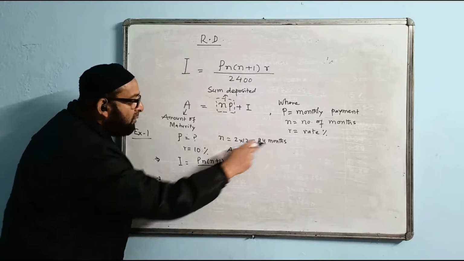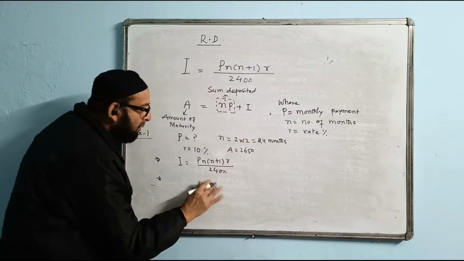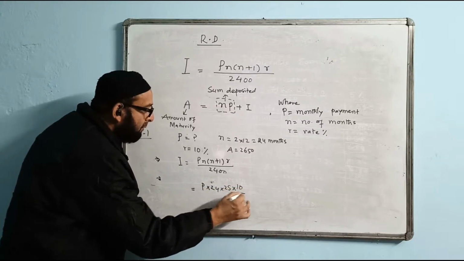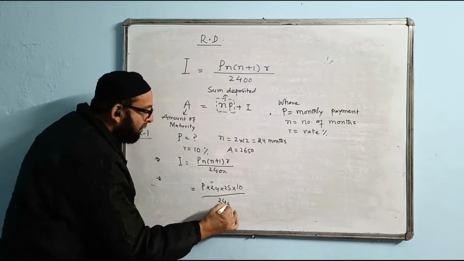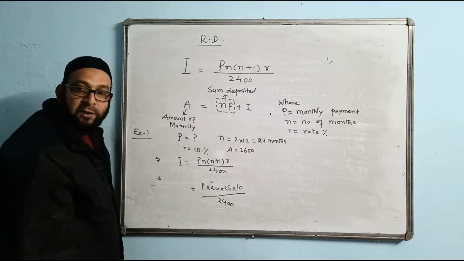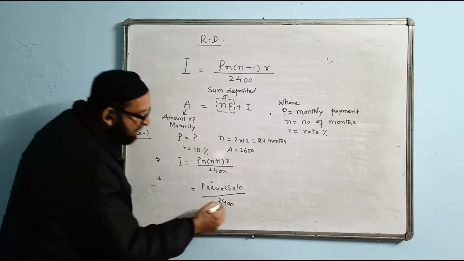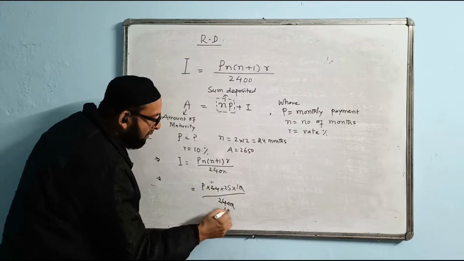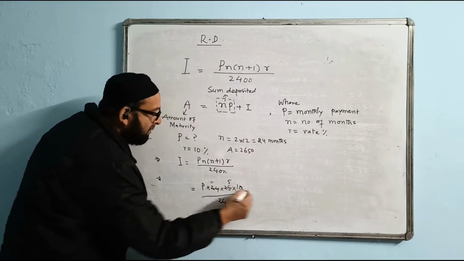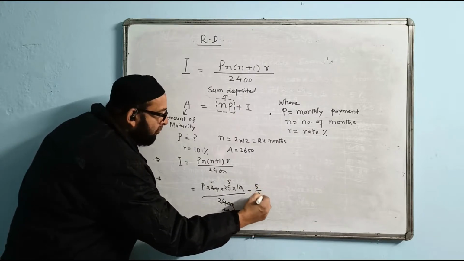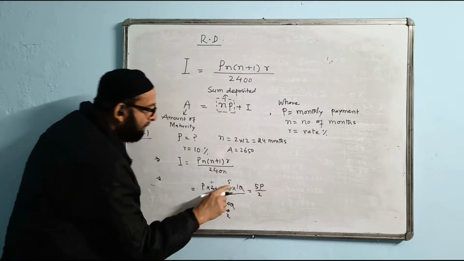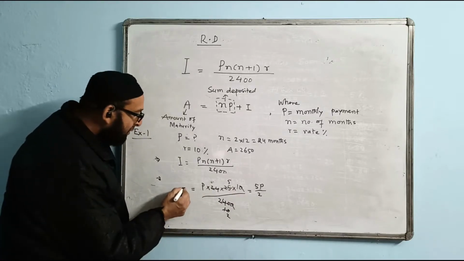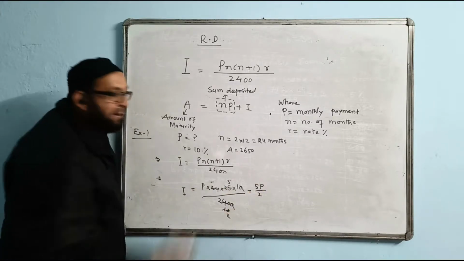N value is 24, so 24 into 25 into 10 divided by 2400, keeping P as it is. Cancel. The answer is coming 5 by 2 P, that is 5P by 2. This is the value of interest.